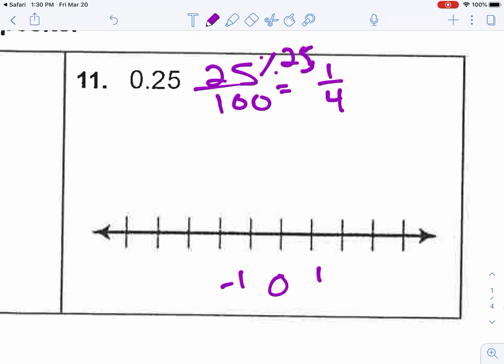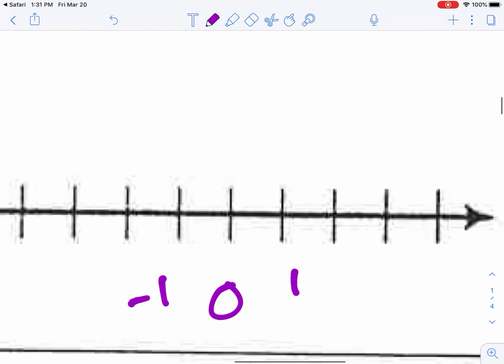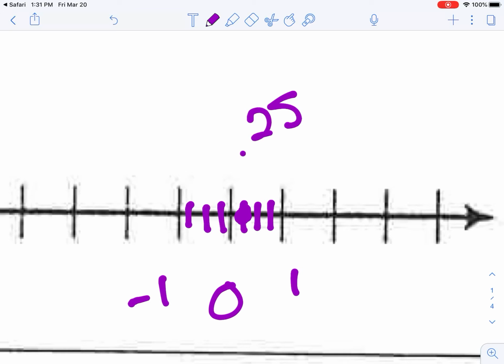Okay, so if we wanted to divide our number line up into 4 equal parts, we can do that. 1/4, 2/4, 3/4, and then 4/4. So 0.25 or 1/4 would be here. And then the opposite, negative 1/4, negative 2/4, negative 3/4, and then negative 4/4 as a whole. This one would be a negative 0.25.